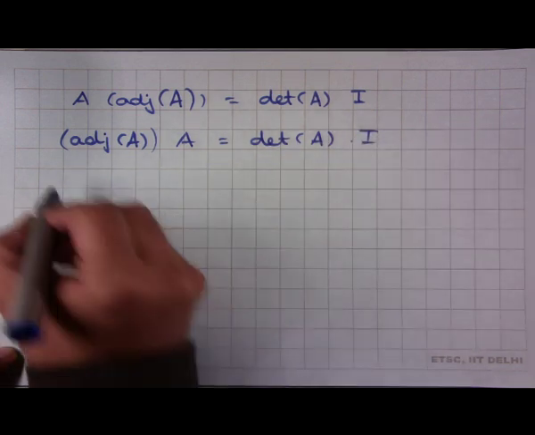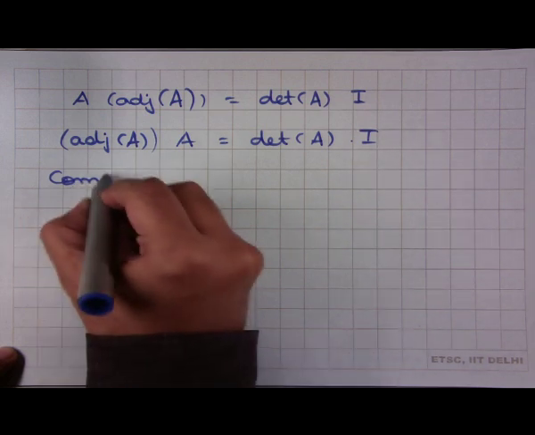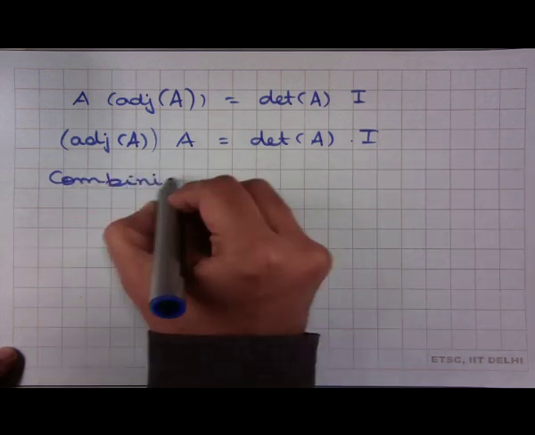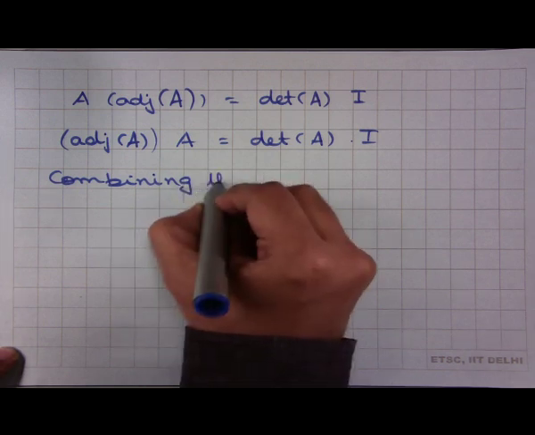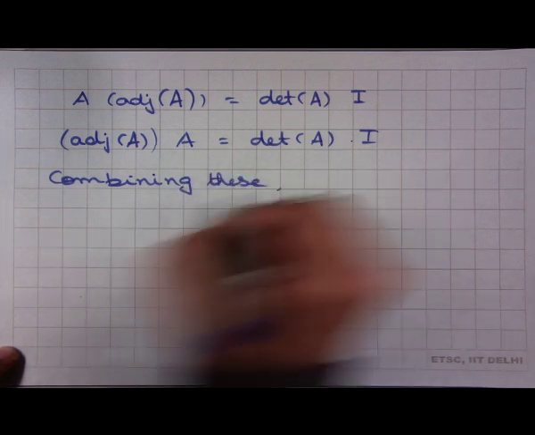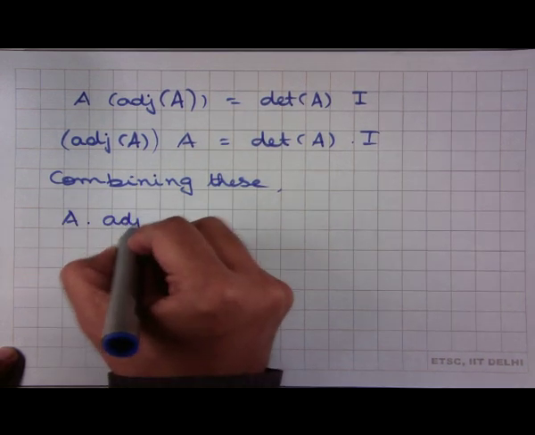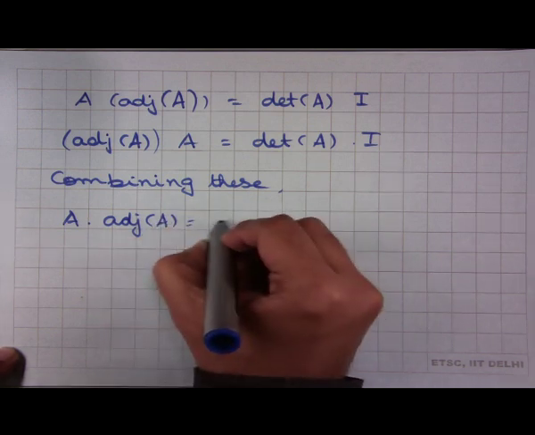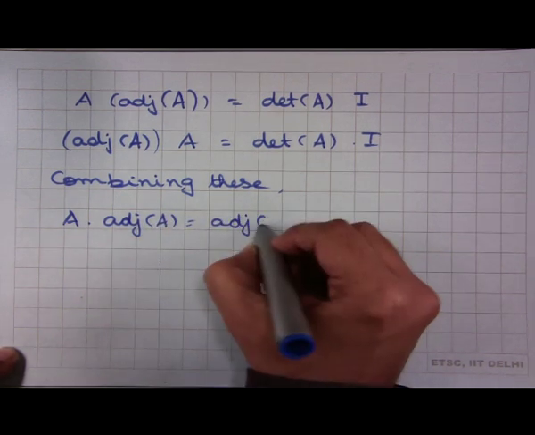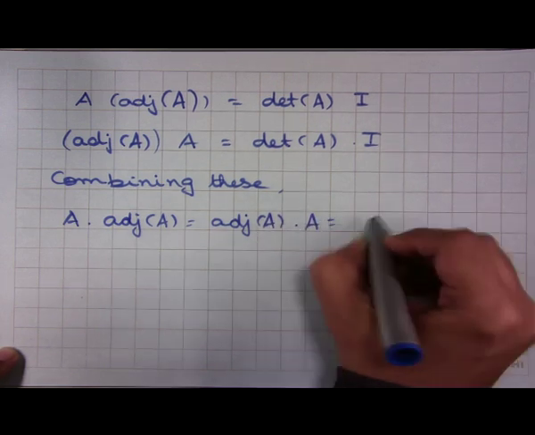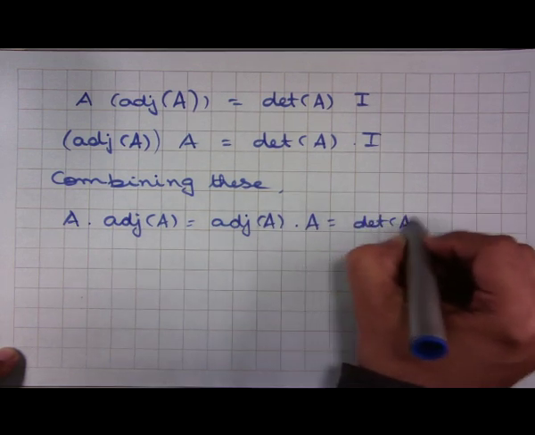Combining these equations we can write that A times the adjoint of A is equal to adjoint of A times A, which will be equal to determinant of A times I.